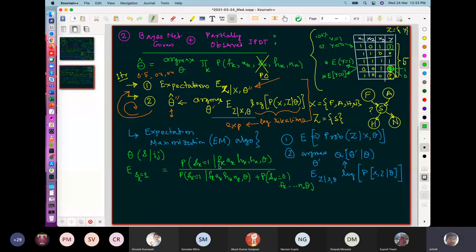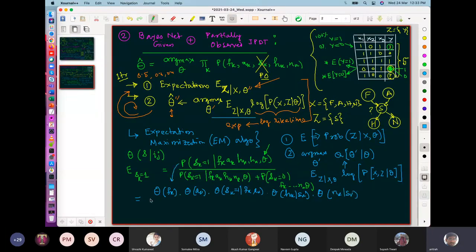Which means that in the first step, suppose I assume an arbitrary theta, this gets diluted into theta of Fk into theta of Ak into theta of Sk equal to 1 given Fk and Ak into theta of Hk given Sk into theta of Nk given Sk.